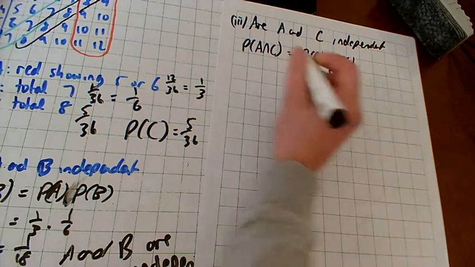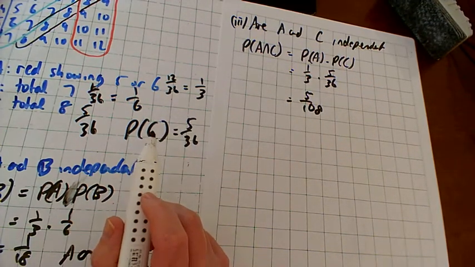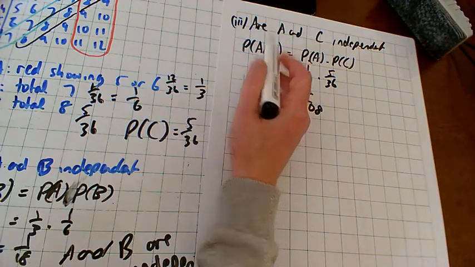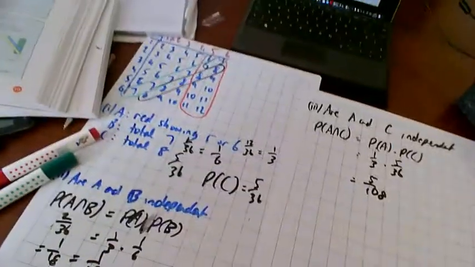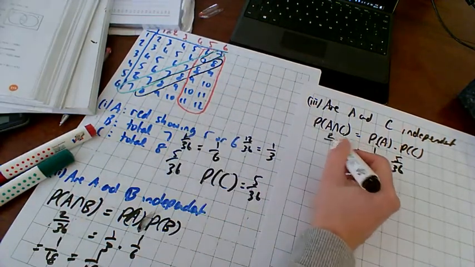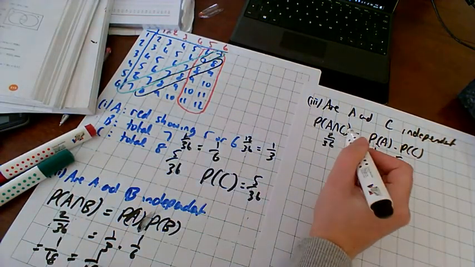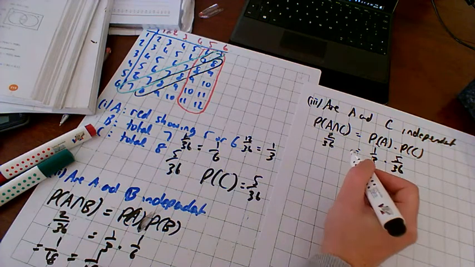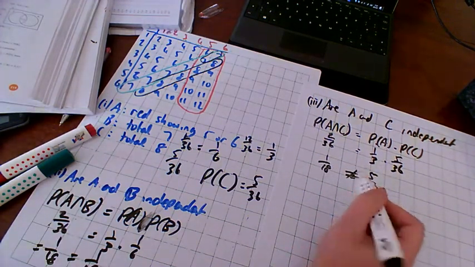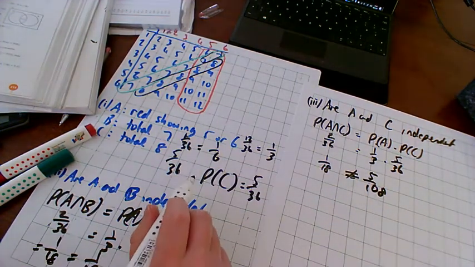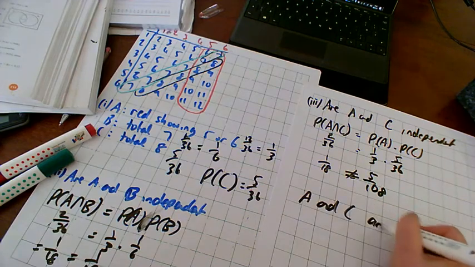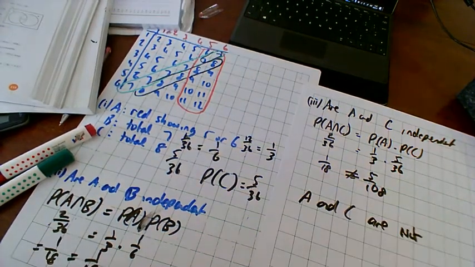So let's see if the probability of A intersection C is the same as 5/108. The probability of A intersection C, the red one overlapping with the black one, is again just 2/36, which is 1/18. Those two do not equal each other. 1/18 does not equal 5/108, so A and C are not independent.